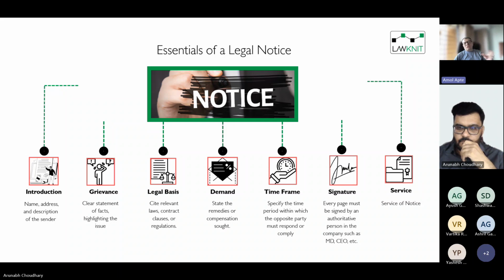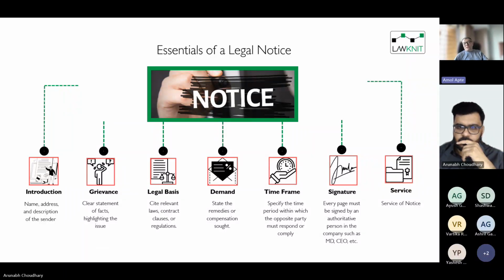If it is a lawyer, obviously the lawyer will sign it off and you don't have to bother about it. However, if it is a notice sent in-house, it's always advisable to first see that the person signing off the legal notice for and on behalf of the company is an authorized signatory. This fact may not seem that important, but when the matter reaches the court and the stage of leading evidence, one single statement made at cross examination that the person who signed did not even have the authority, and therefore this notice has no basis, can spoil it.